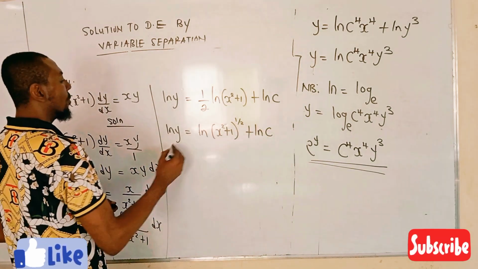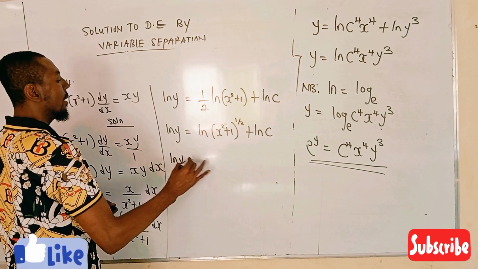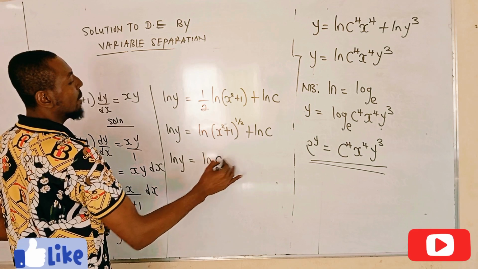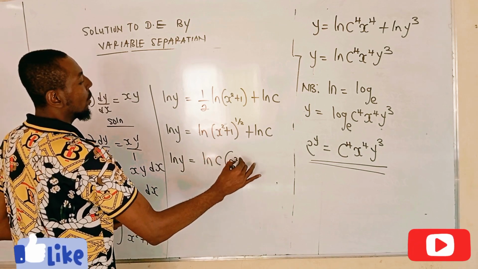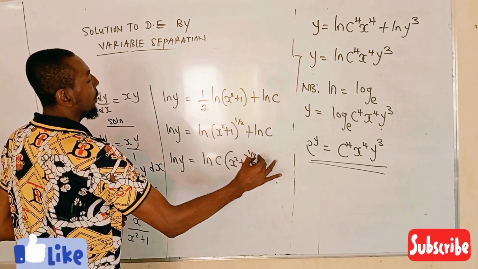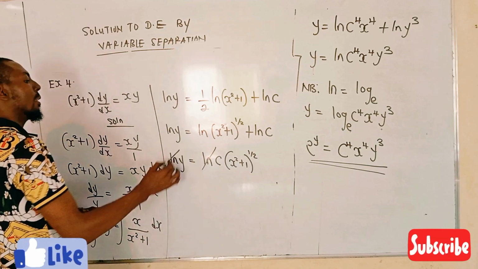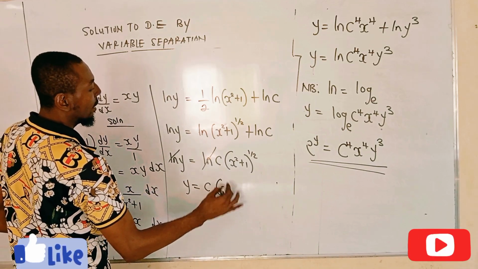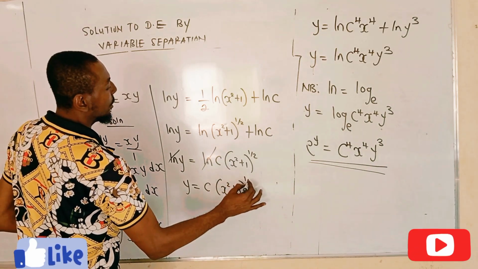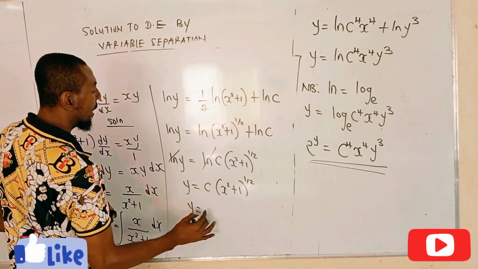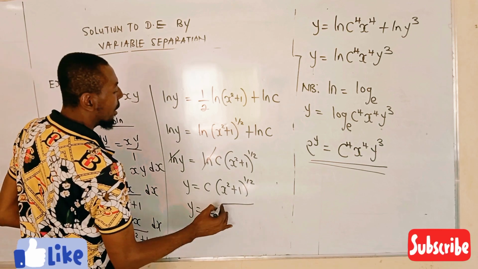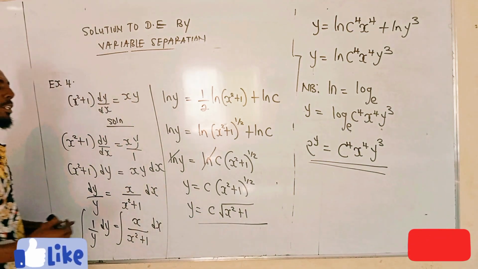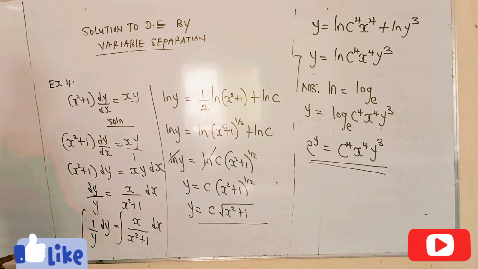Then combining the logarithms, ln y equals ln of c multiplied by (x² + 1)^(1/2). When ln cancels ln, y becomes c(x² + 1)^(1/2), which we can write as c multiplied by the square root of x² + 1. So that eventually becomes the final answer.